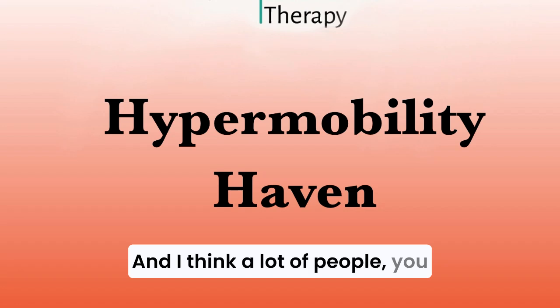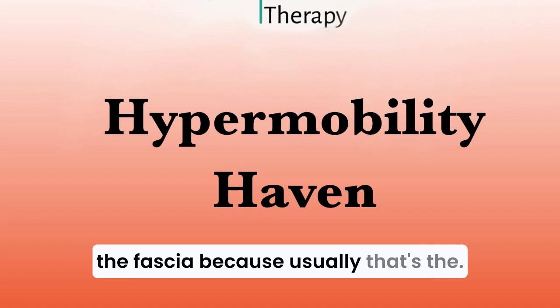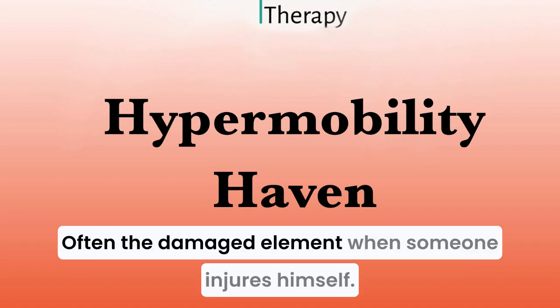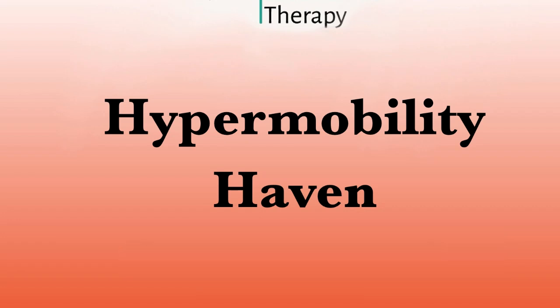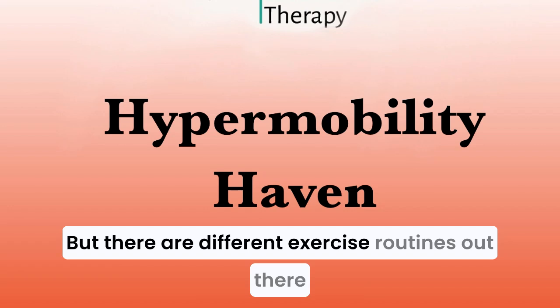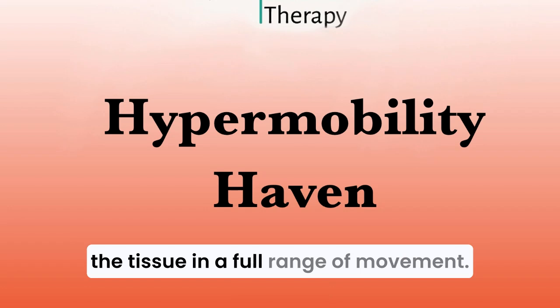And I think a lot of people, there's not enough kind of focus on the fascia, because usually that's often the damaged element when someone injures himself. It's not necessarily the muscle. But there are different exercise routines out there that focus on strengthening the fascia by stressing the tissue in a full range of movement.